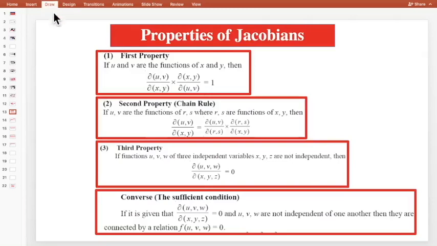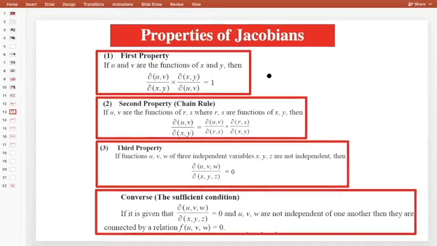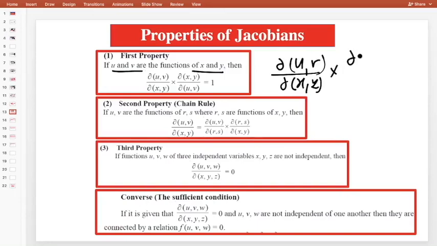Now see, there are a few important properties of the Jacobian. The first property says, if u, v are functions of x, y, then there is a very simple property, also called the inverse property. We have calculated the Jacobian of u, v with respect to x, y.